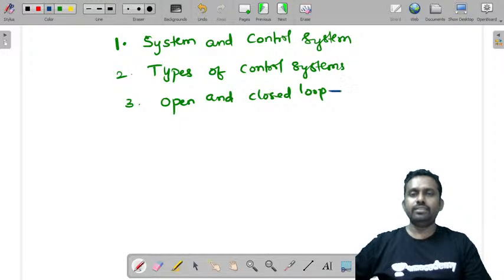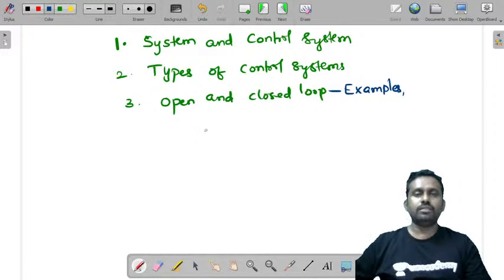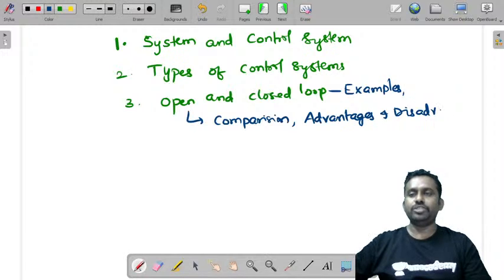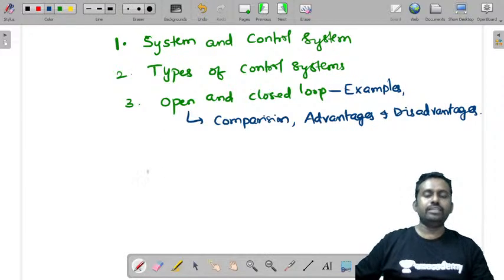We have seen some examples of them, as well as the comparison and advantages, also disadvantages of each. This is what we have seen till now.